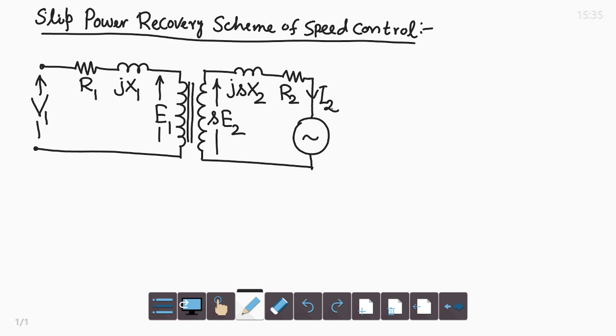And here we have an additional one, that is a voltage source VR.